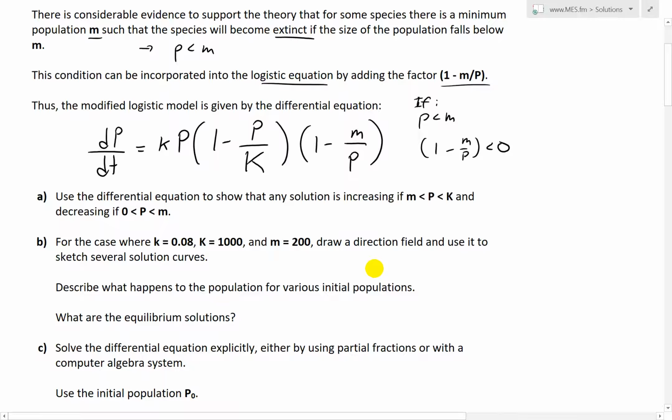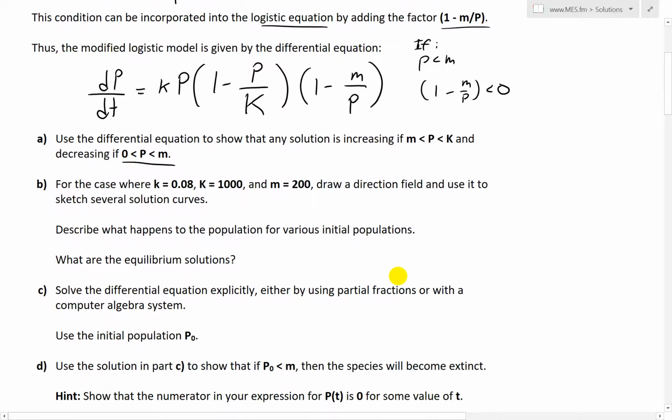Now part A says, use the differential equation to show that any solution is increasing if M is less than P less than K, and decreasing if the population is less than M and greater than 0.